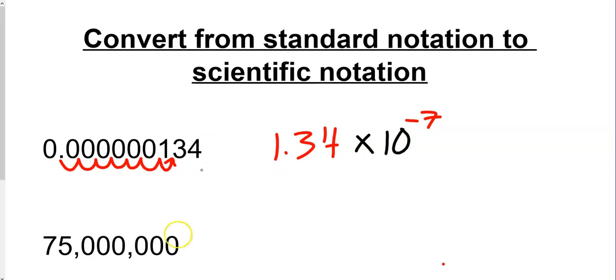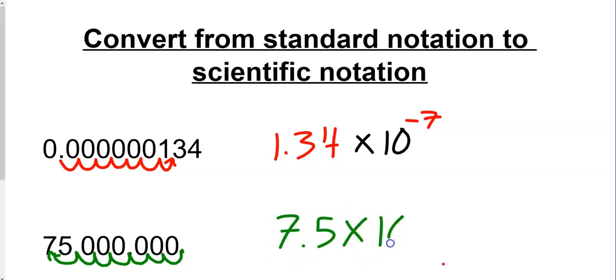The guy down below it, here's our decimal. We're going to move it 1, 2, 3, 4, 5, 6, 7. So we get 7.5 times 10 to the positive 7, because positive exponents are reserved for large numbers. So there's your scientific for those.